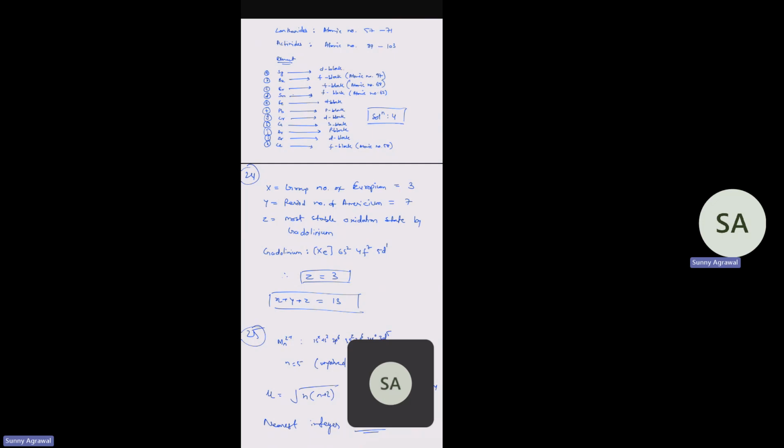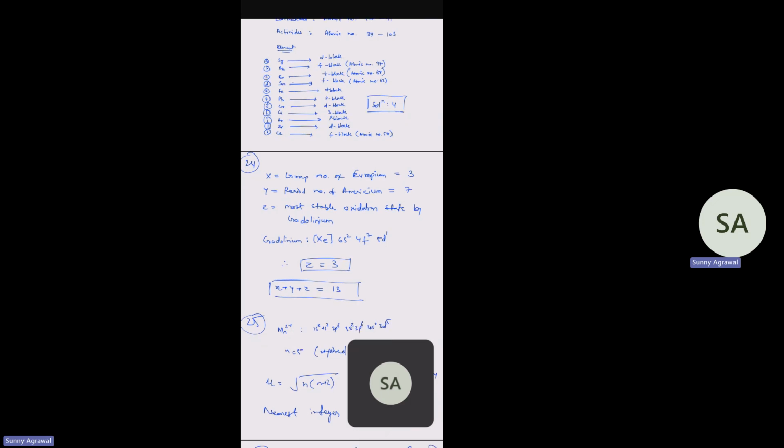So here the group number will be 3. The period number for Y will be 7, and Z, the most stable oxidation state, will be plus 3, and it is a lanthanoid element. So the sum will be 3 plus 7 plus 3. It is 13. 13 is the answer.